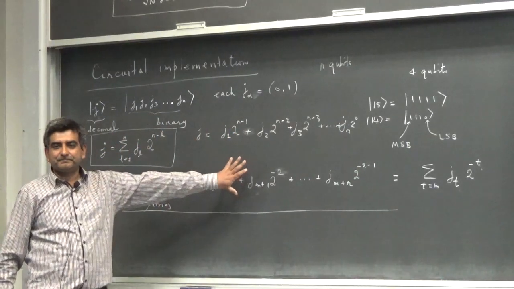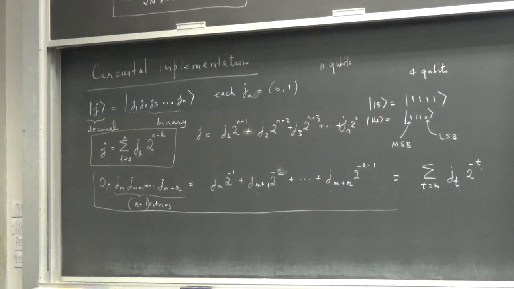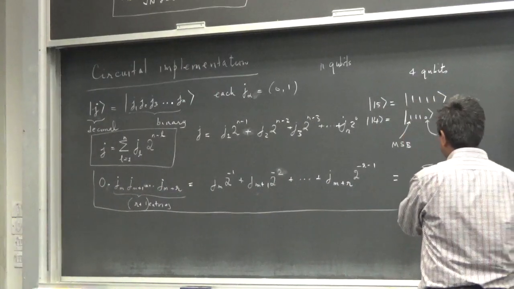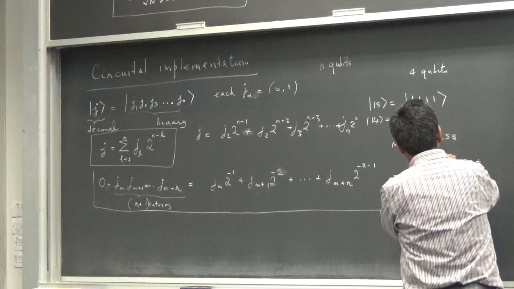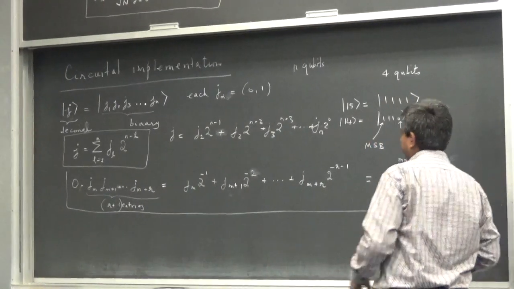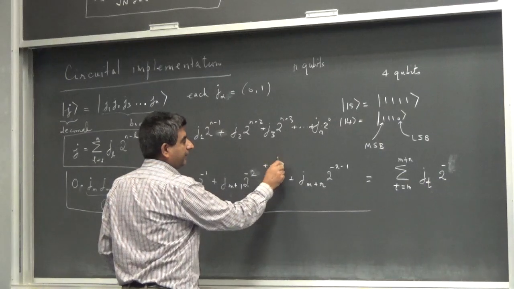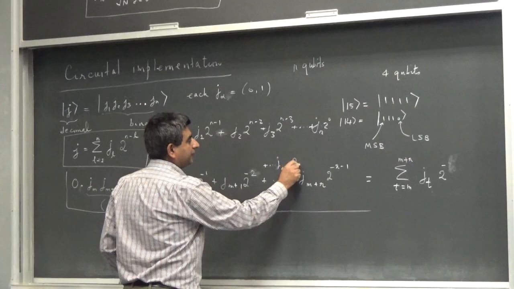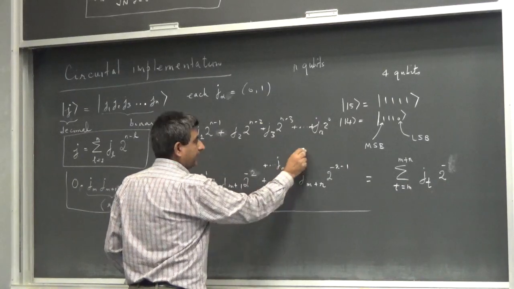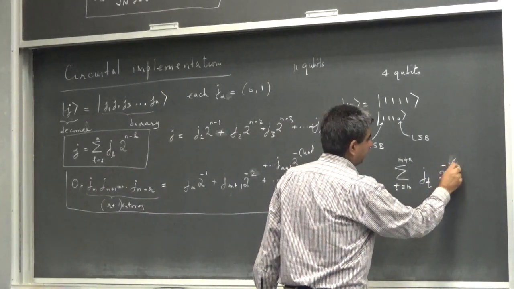Do you understand this point? Up to here? So this is j_t, where t goes from m to m plus r, and this factor here is j_(m plus k), 2 raised to the power plus 1, right?